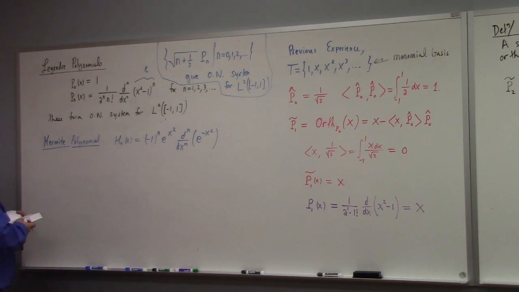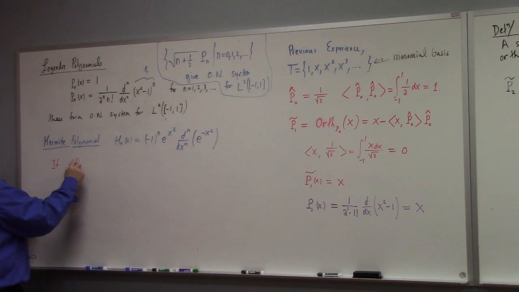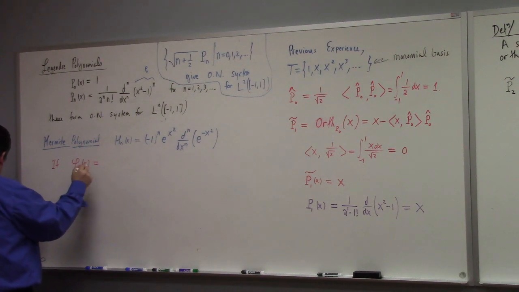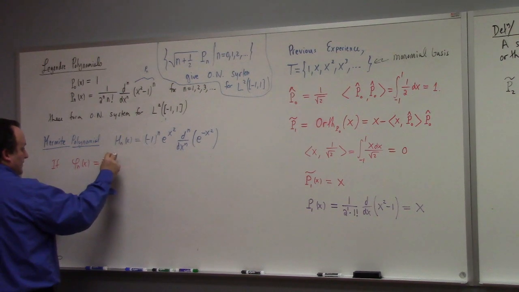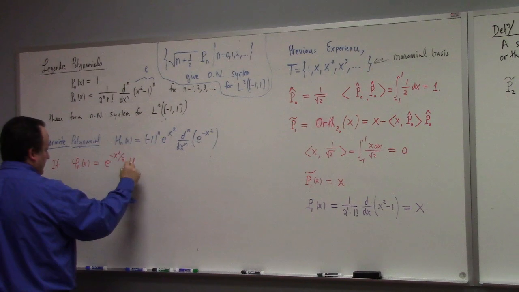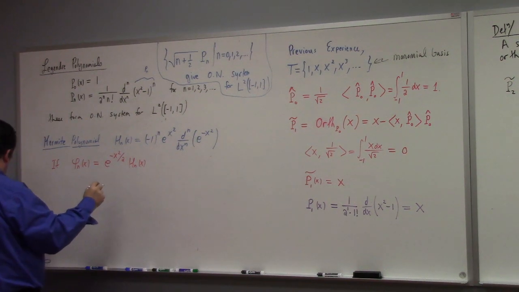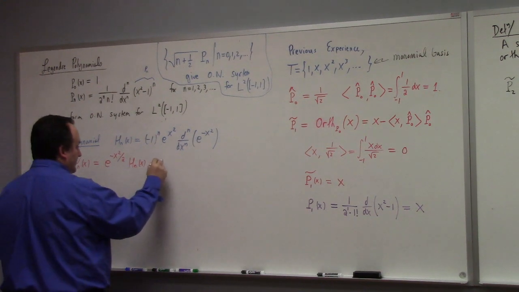But it's okay. So here, he says if you let phi_n of x equal e^(-x squared over 2) times h_n of x, then he says these form an orthogonal system in L2(R).